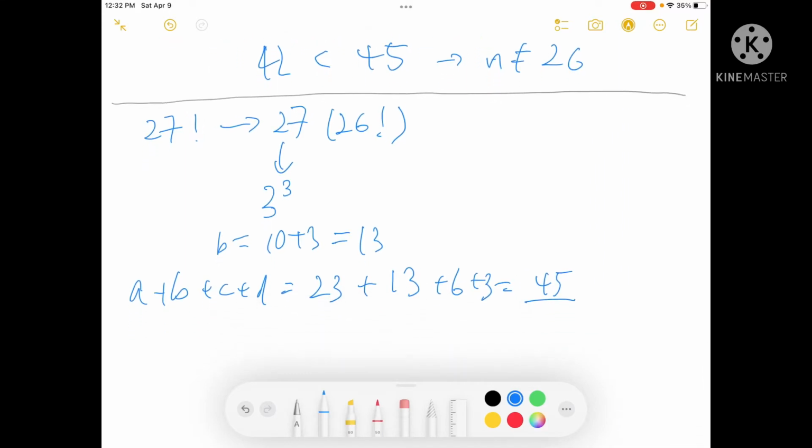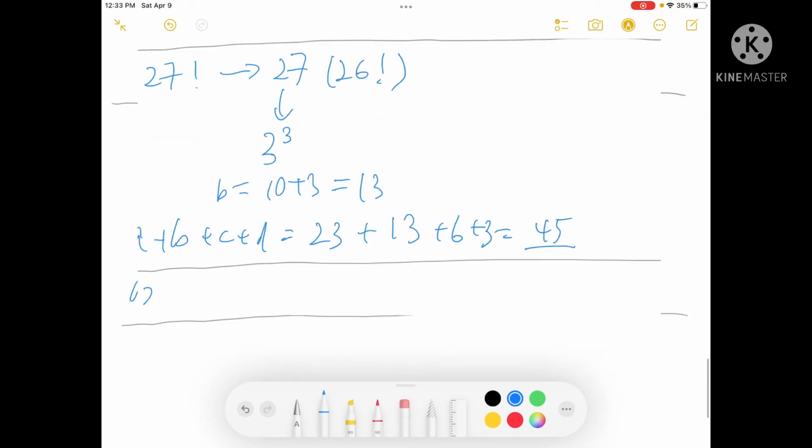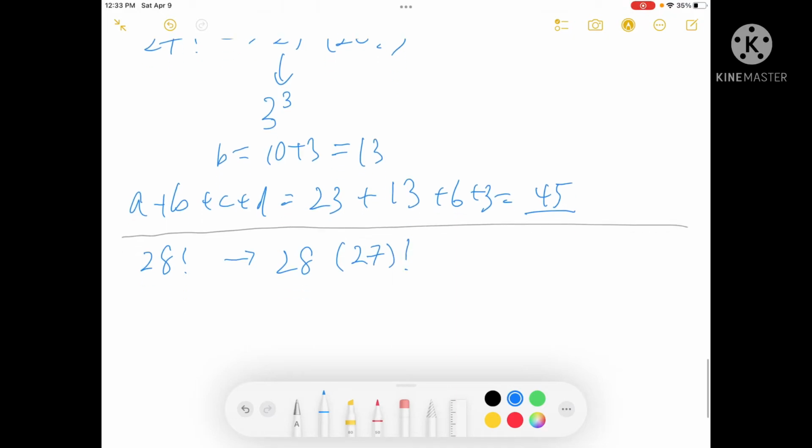But before we confirm that our answer is 27, let's check 28 first in case it also has a value of 45 when we add a, b, c, and d, so that we do not miss a number. So 28 factorial is equal to 28 times 27 factorial.